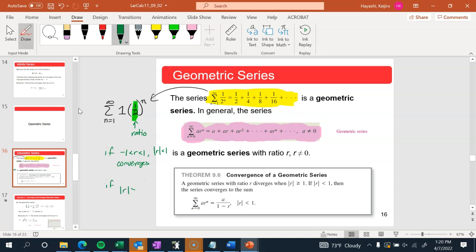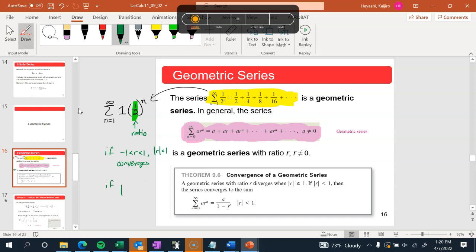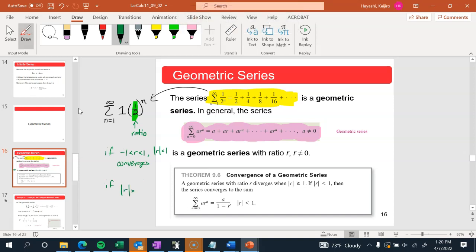If the absolute value of r is greater than 1, then the series diverges. And not only can you know that it converges or diverges, whenever it converges, you can know exactly what value the sum converges to.